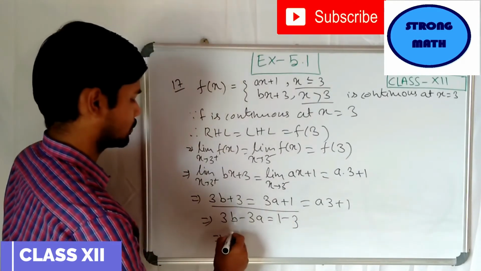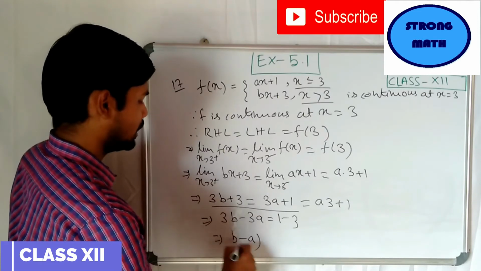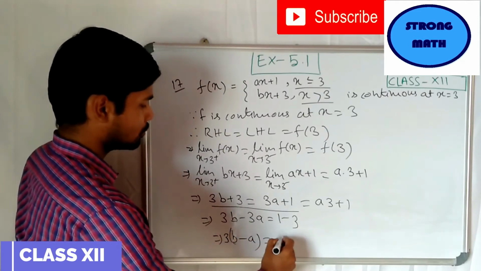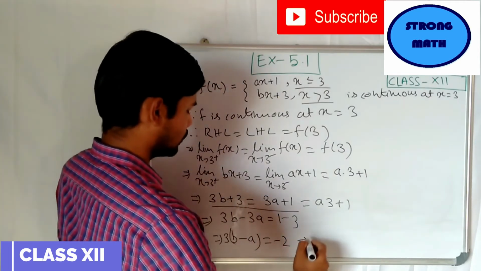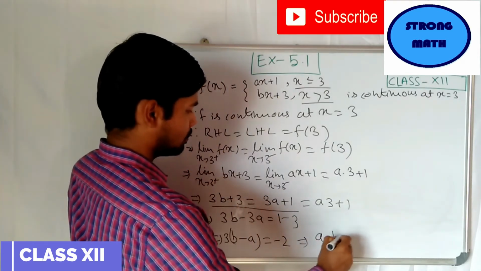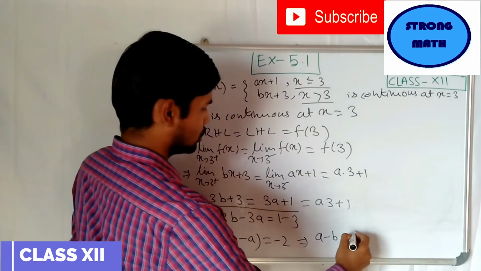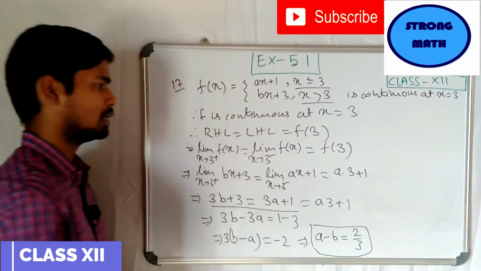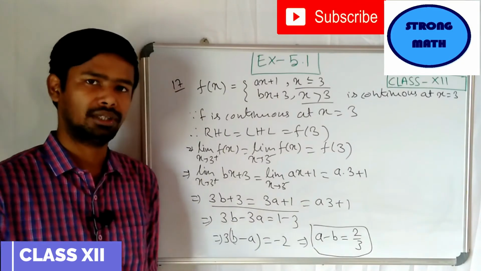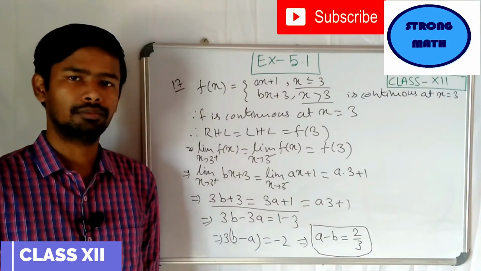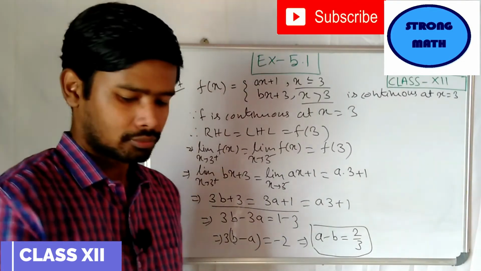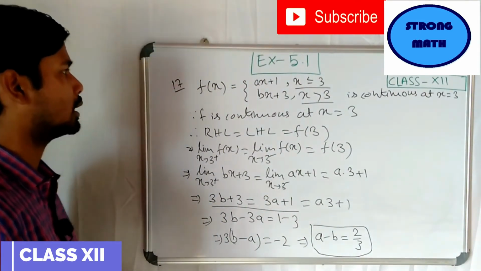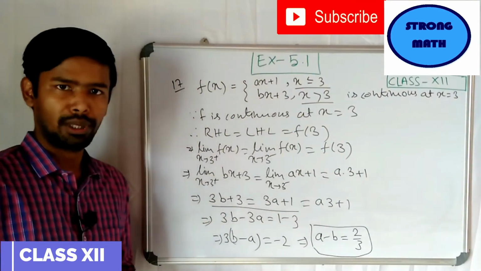This implies b minus a equals, taking 3 common, minus 2 by 3. Therefore a minus b equals 2 by 3. This is the required relation for this function. Clear? Take a look. If there is any kind of problem, please do comment.